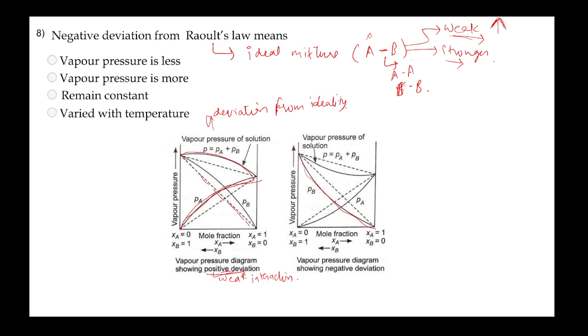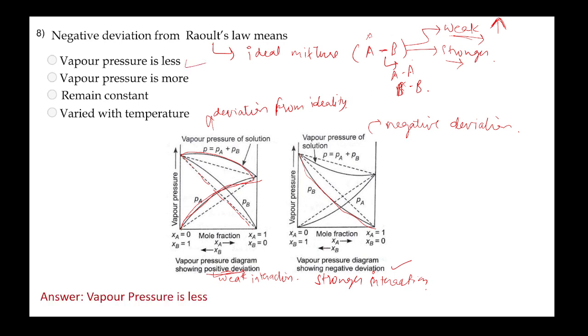So here the pressure is lower, and this type of behavior is known as negative deviation from Raoult's law. It has stronger interaction. So the correct answer here is: negative deviation from Raoult's law means vapor pressure is lesser.